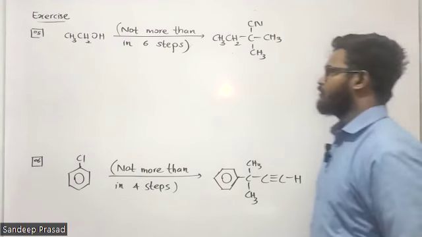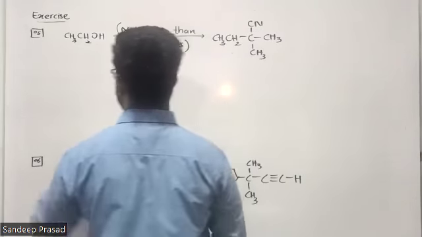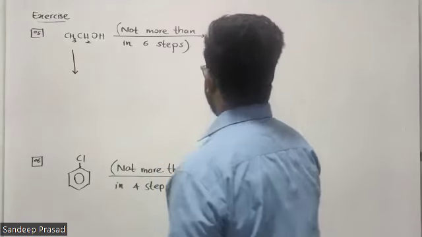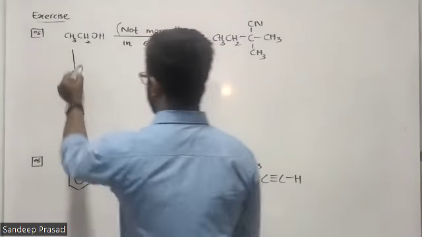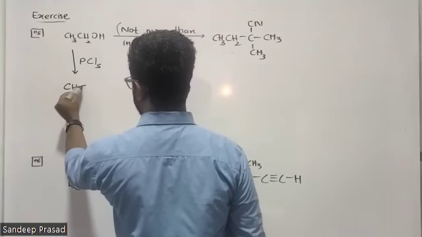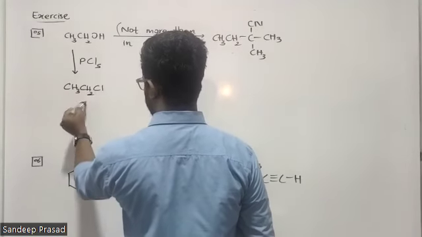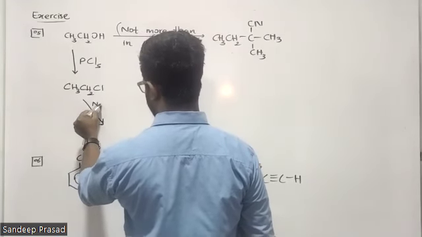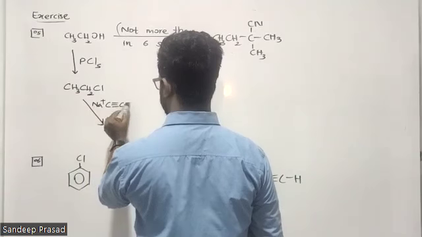Right, okay. Now I'm going to do the 5th one. Let's see. So first of all here, let me put PCl5. Then I'm going to add the sodium derivative, sodium acetylide.